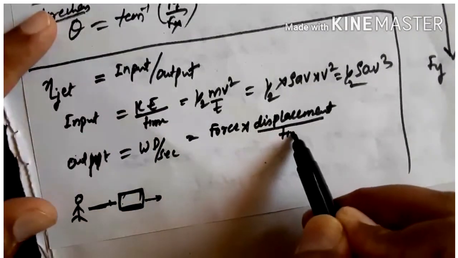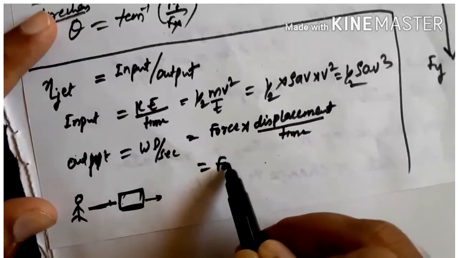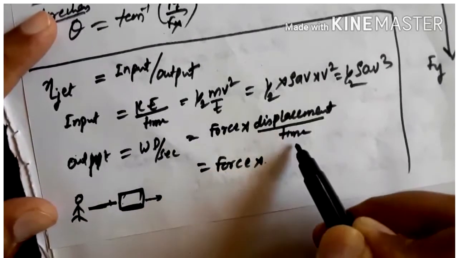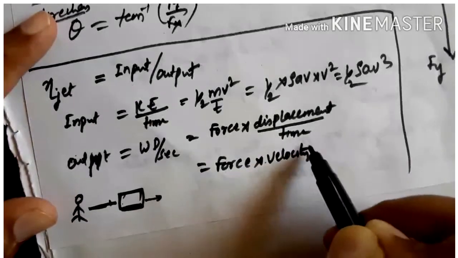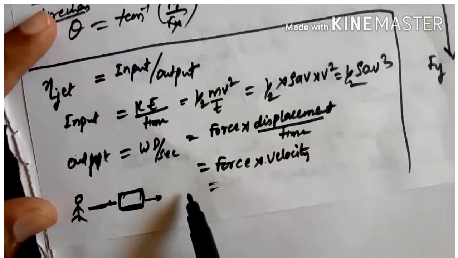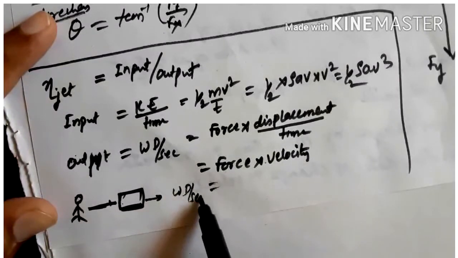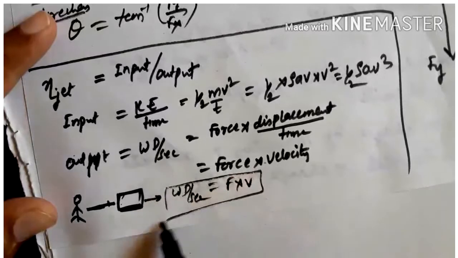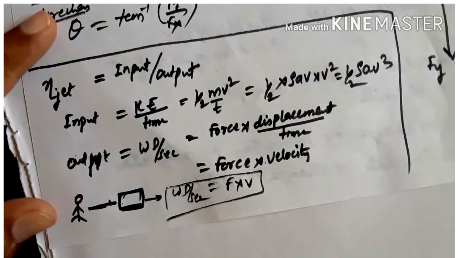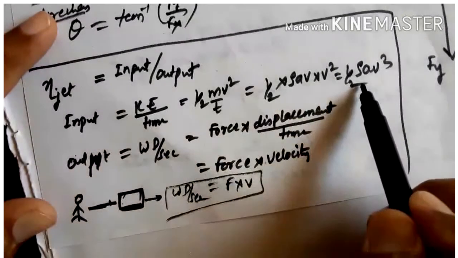Then we write time, and as we know, displacement by time is velocity. So force into velocity, F into V, becomes work done per second. This is the output, and this is the input.